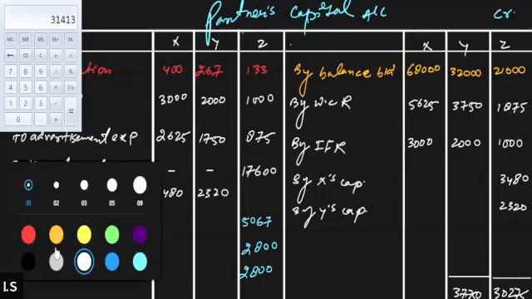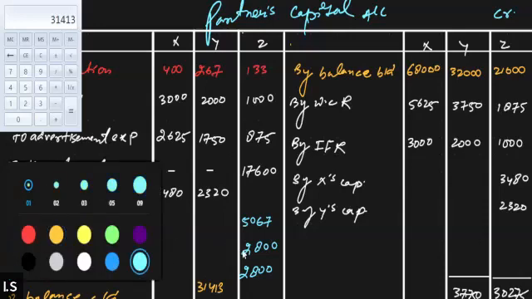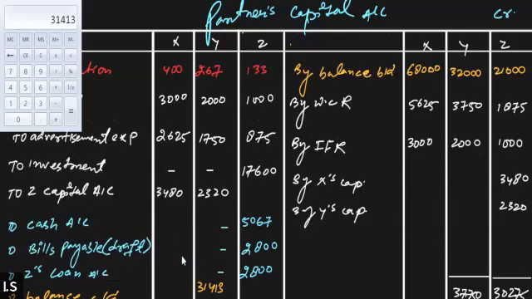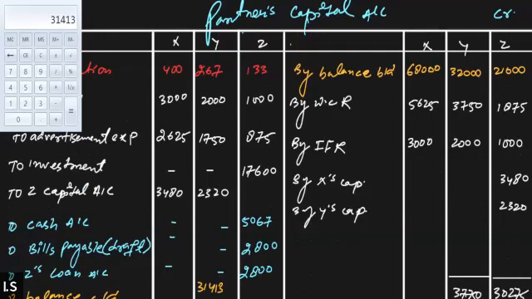So this is the closing balance of Y. To balance, the closing balance for Y will be 31413. And the sum total of it should be the same, 37750.